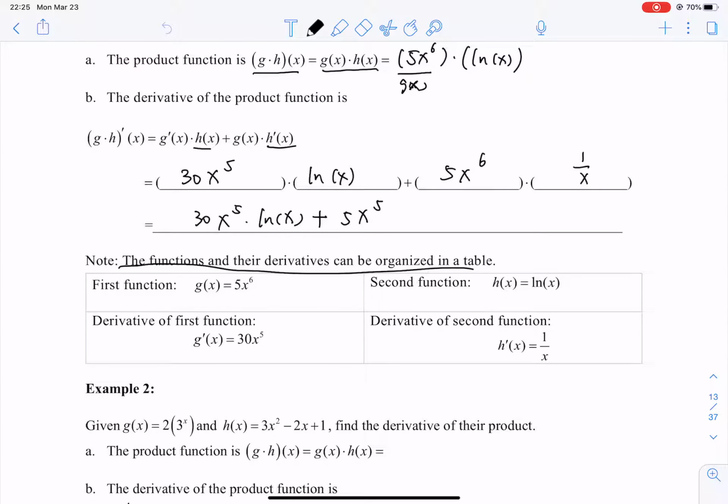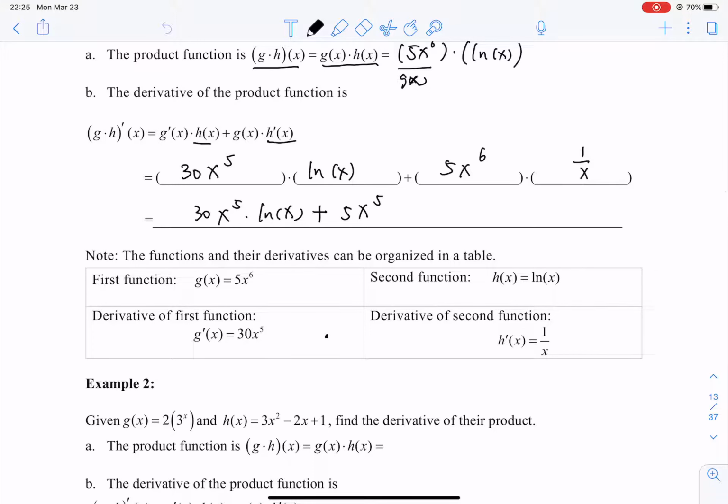So you can see next one. Note the functions and their derivatives are organized in a table. So actually you can see here it's like the derivative of the first function right here multiplied by the second function.